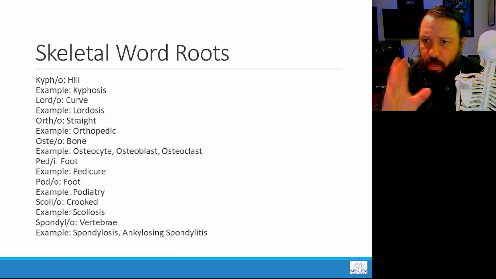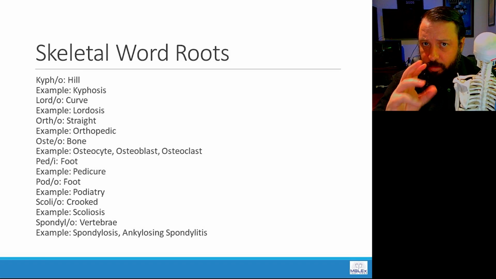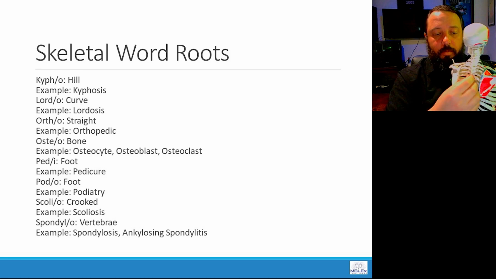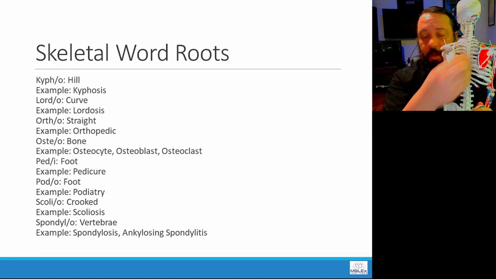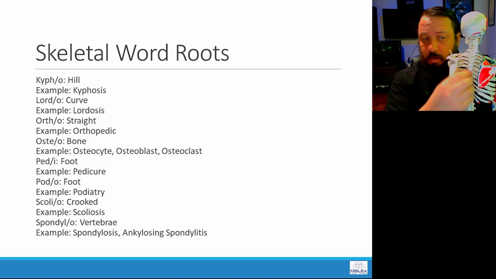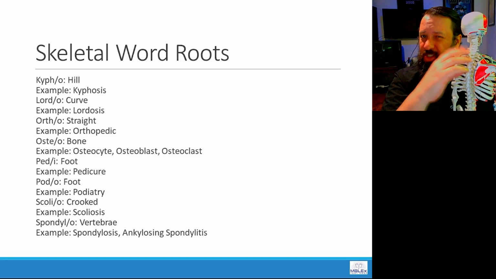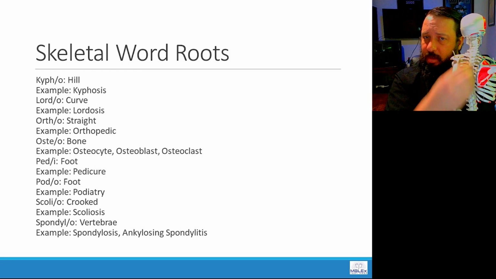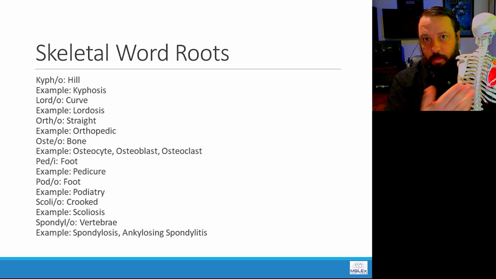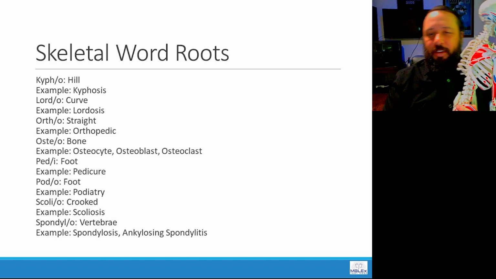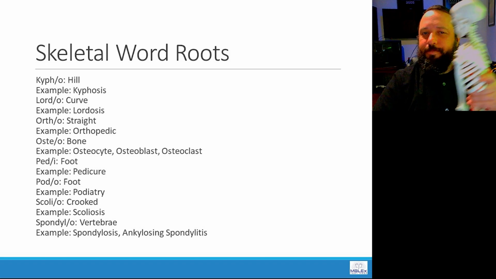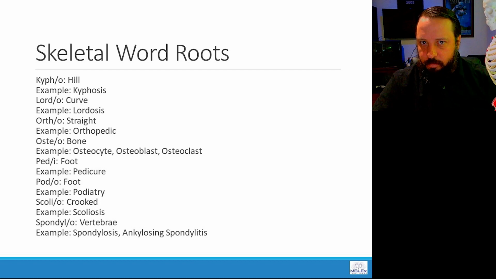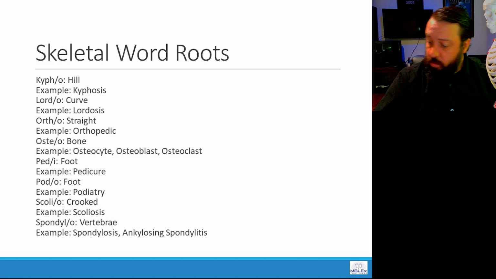Okay, so there are a lot of conditions that can fall under the spondylosis category, but spondylosis is just a vertebral condition. Ankylosing spondylitis, inflammation and degeneration of the intervertebral discs in the vertebrae that cause it to become crooked. There's a lot that goes into that name for sure. But that's essentially what spondylo means, vertebrae. Okay, so I think that wraps up the skeletal word roots.